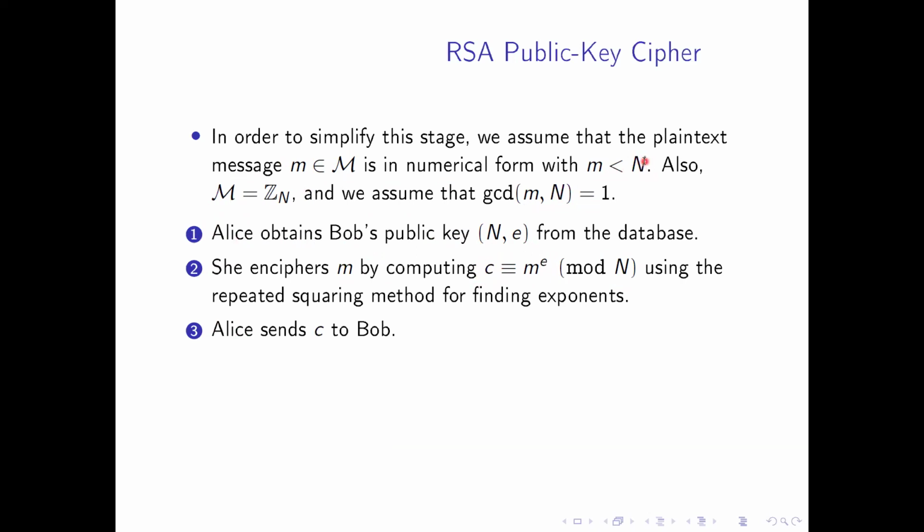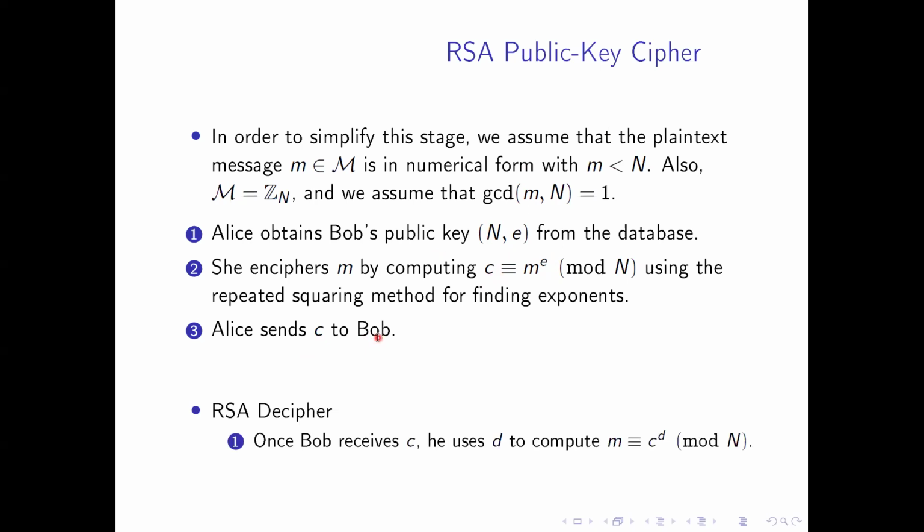Her message somehow is encoded into that form, whether you did the base 26 expansion into base 10, ASCII, or a lot of other variations of a similar idea. Using all of these, you can encrypt each message. You could have multiple messages, so encrypt them all and send c over to Bob.